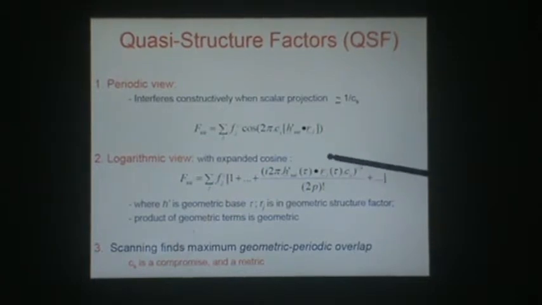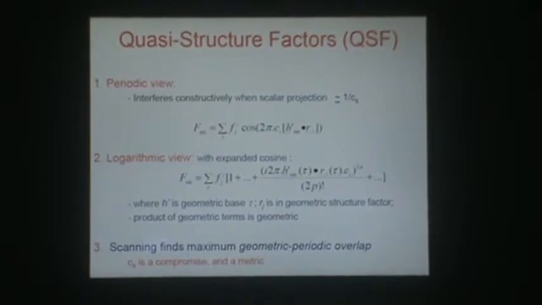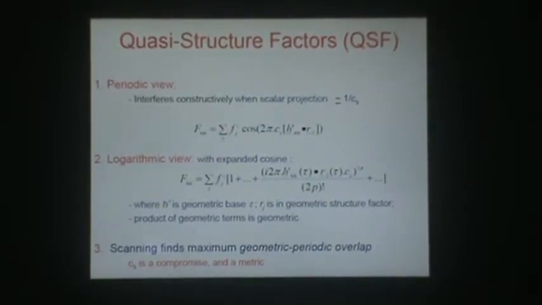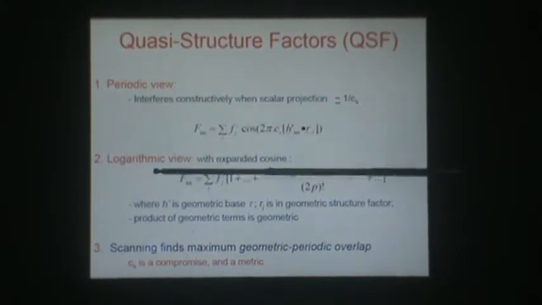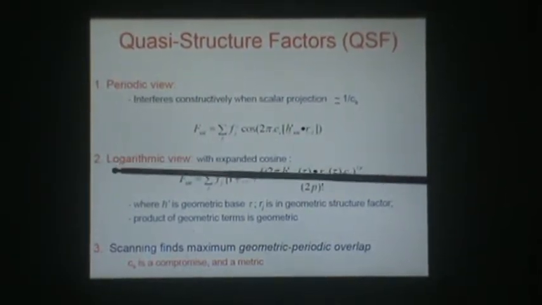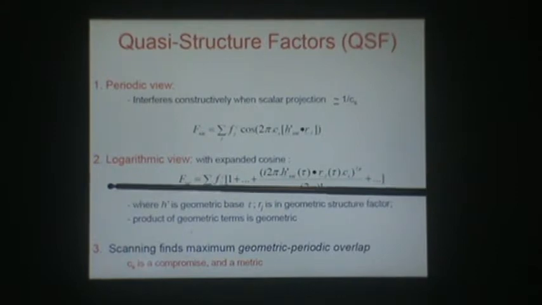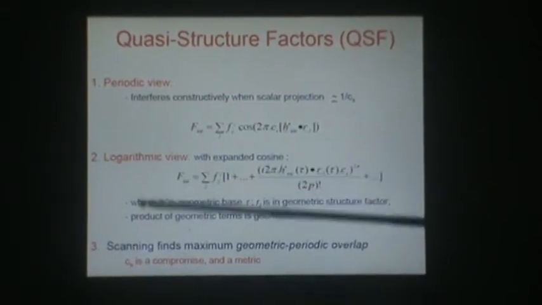H is geometric, and R is the sum of geometric terms, but you can represent it as a product of several quasi-scattering factors, and then this turns into a geometric term. So it's now obvious what we're doing when we scan the angle away from the Bragg angle. We're finding the maximum match between the periodic probe, described by a cosine, and the geometric crystal, quasi-crystal, described by the geometric term in the cosine expansion.